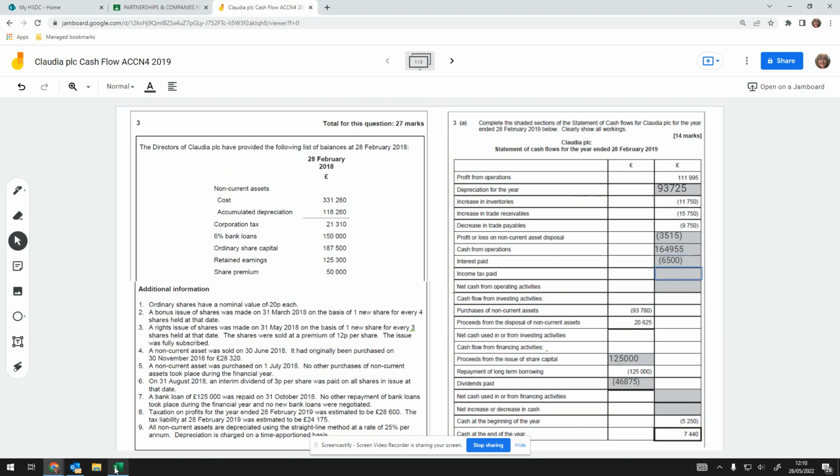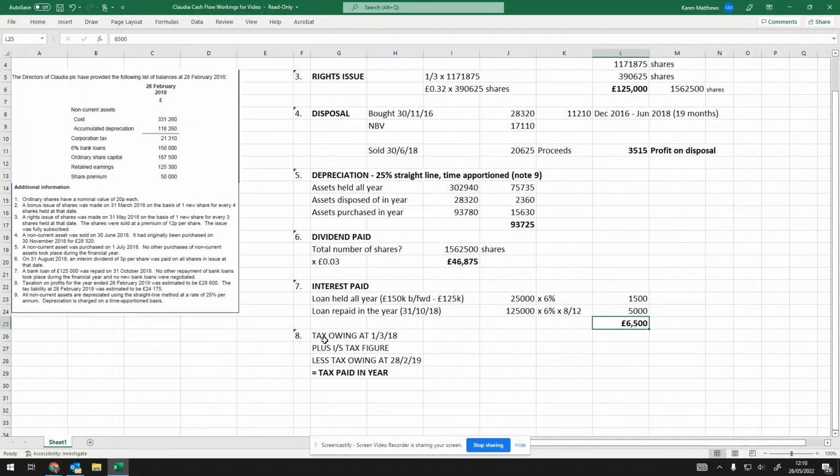Okay, we are getting there. I don't think there's much more to find now, apart from the tax. So the tax on profits for the year, if you remember, tax appears in several places in the account. So it will appear on the income statement. The figure on the income statement is the estimate of what the company thinks the tax bill will be for the current year. Now that's not going to be paid. Generally, if it's a smallish company, it won't be paid until 9 months and 1 day after the end of the financial year.